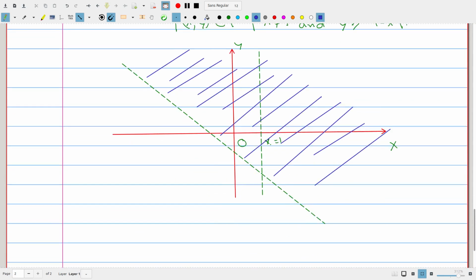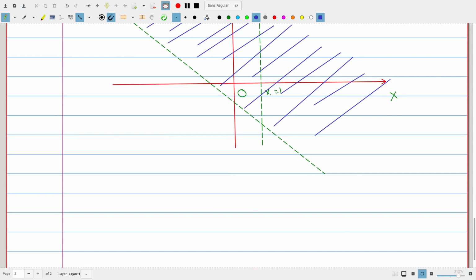This diagram represents the domain of f(x, y) equals the square root of x plus y plus 1, divided by x minus 1.